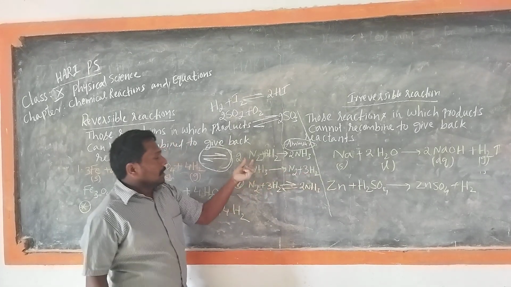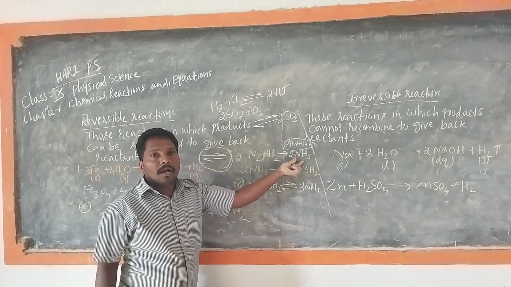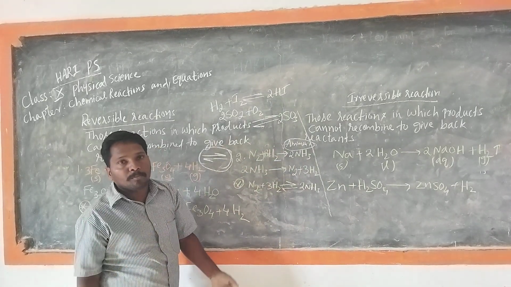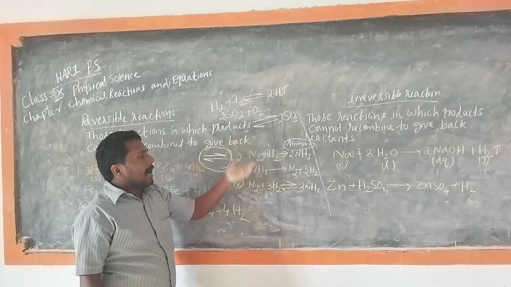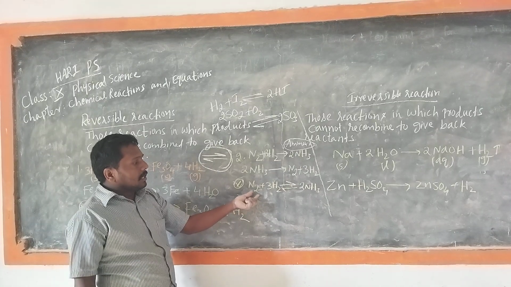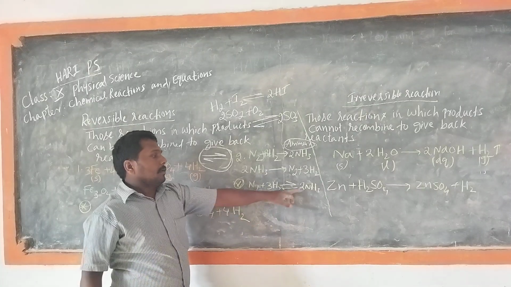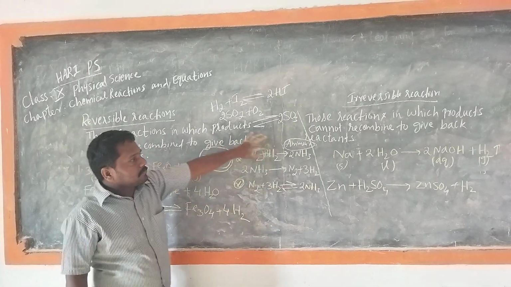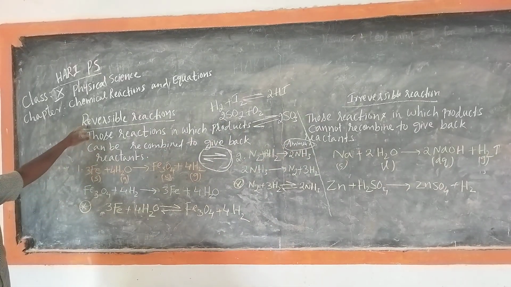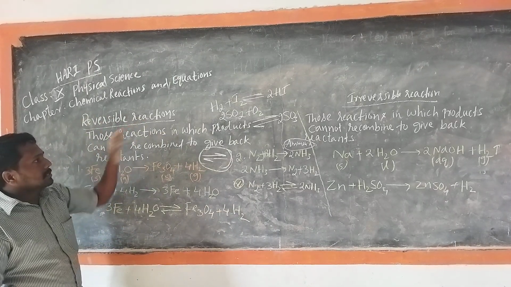So finally we write the reaction: nitrogen plus hydrogen gives ammonia, and the reverse is also formed. Reactants form the product, and the product forms the reactants again. Such reactions are called reversible reactions.